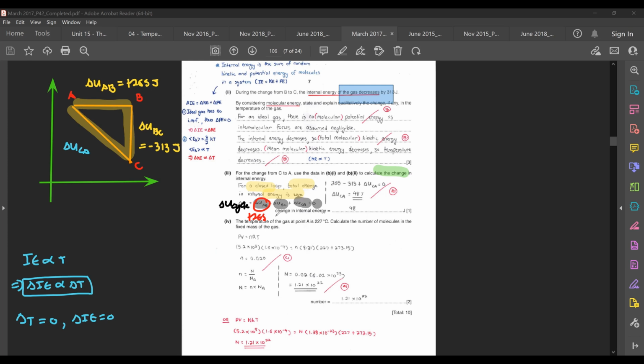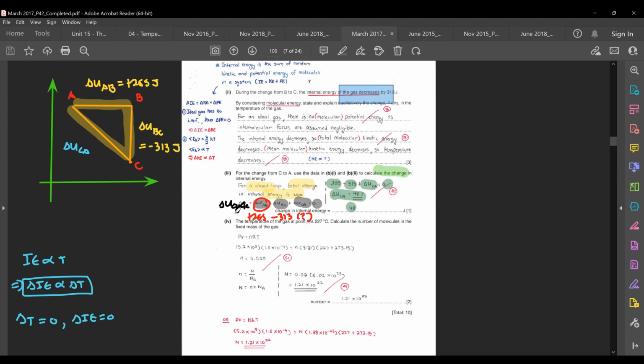UBC is negative 313. You can subsequently find out what is UCA. Okay, so you sub in the relevant values, 265 minus 313 plus UCA equals 0. Eventually, you find out the internal energy change is 48 joules. It is an increase. It's positive. Okay. So that is how you do this particular question.